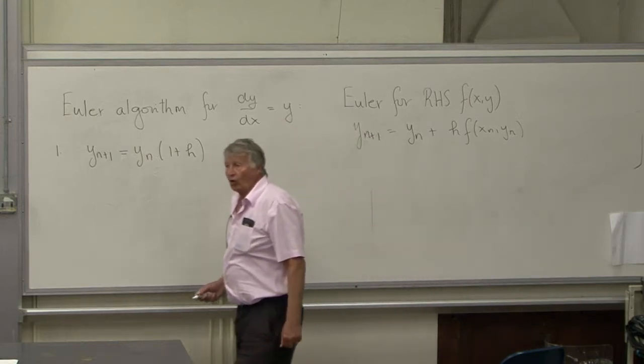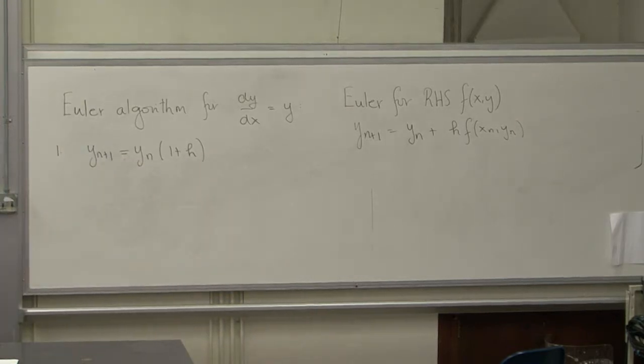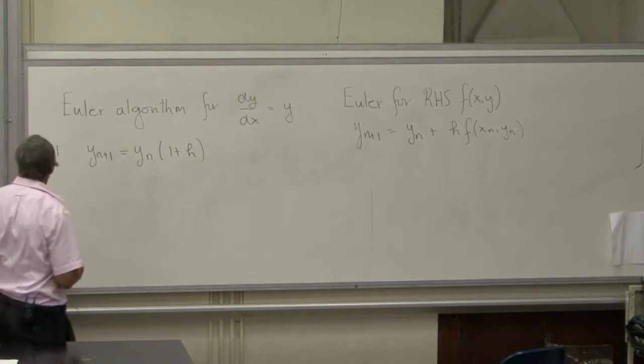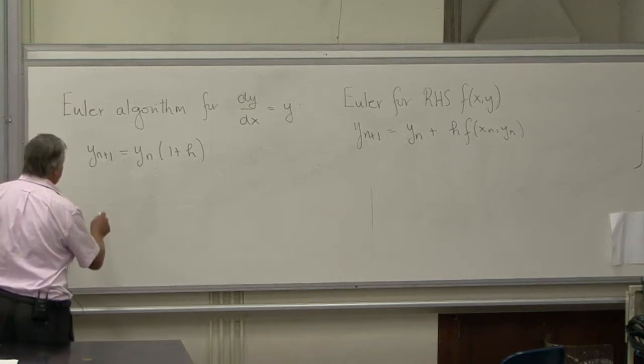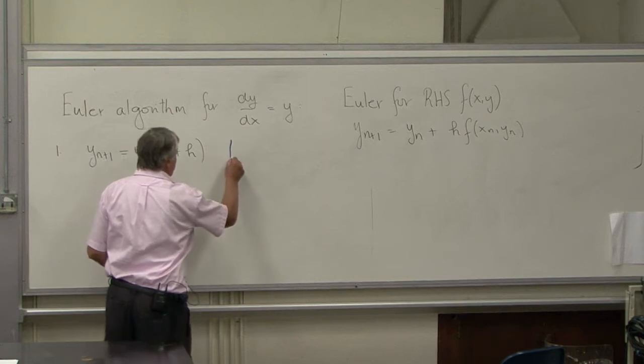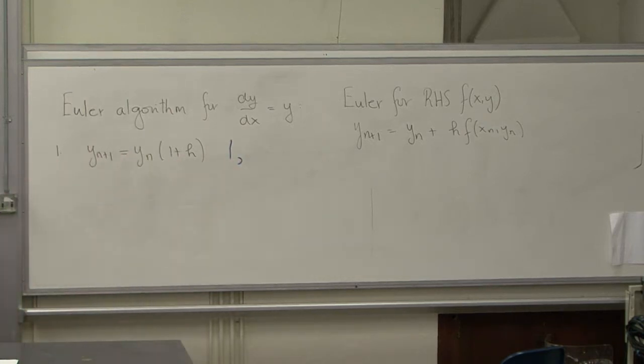What is the order of this equation? 1 is correct. So the order is 1. Is it linear or nonlinear?